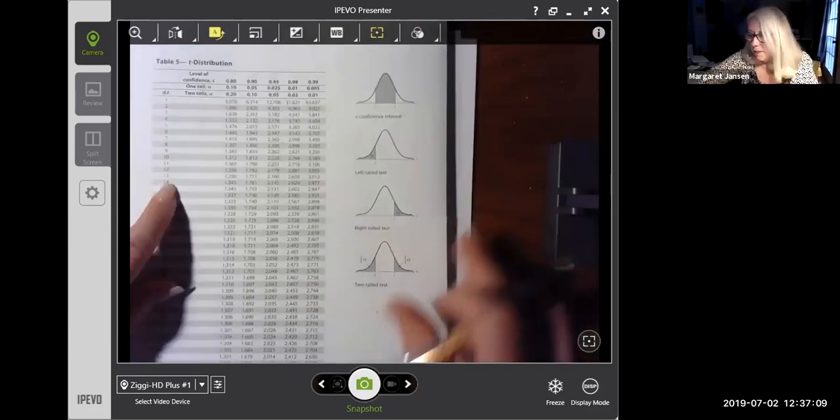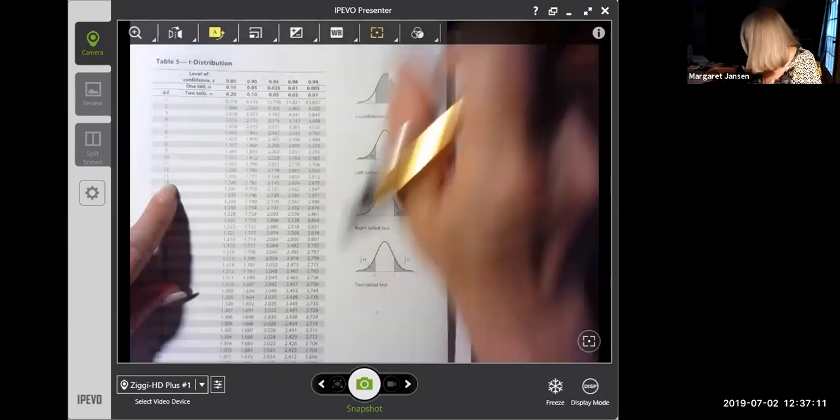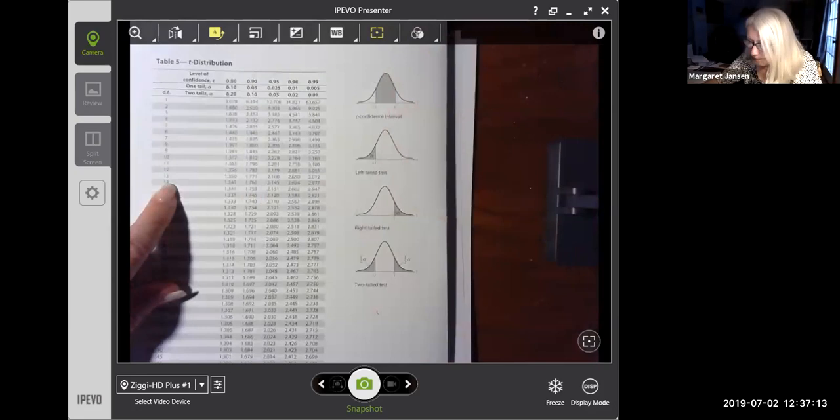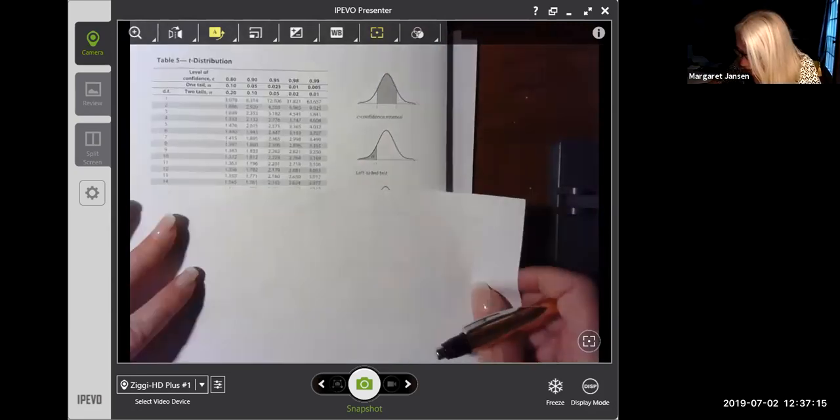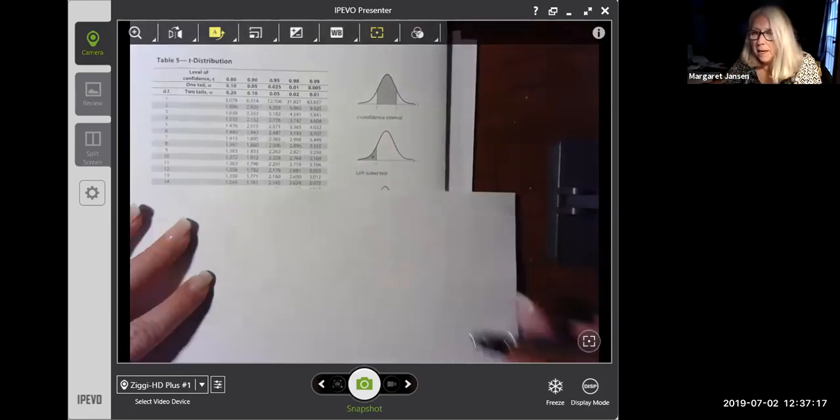So I'm going to go to my table here. I'm going to go down to line 14. Then I have to consider what confidence level I have chosen. So let's say I want to be 90% confident that the interval includes the true mean salary level of professors in my area.